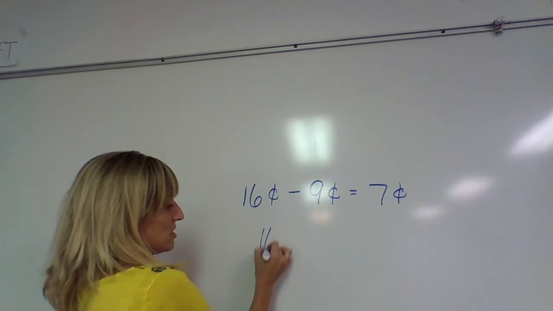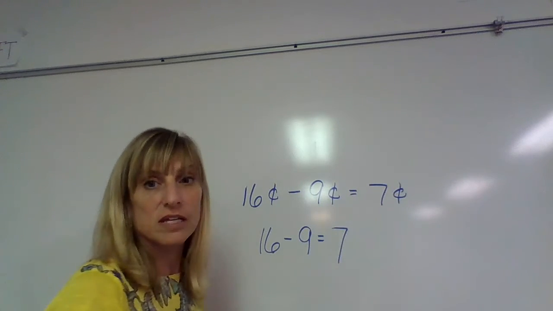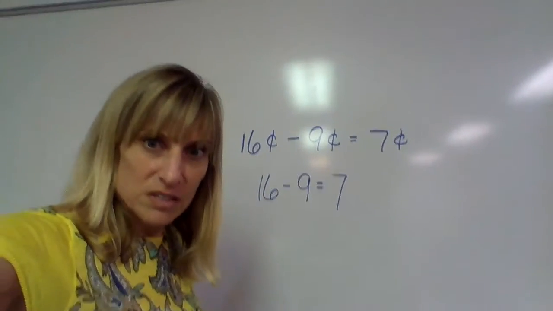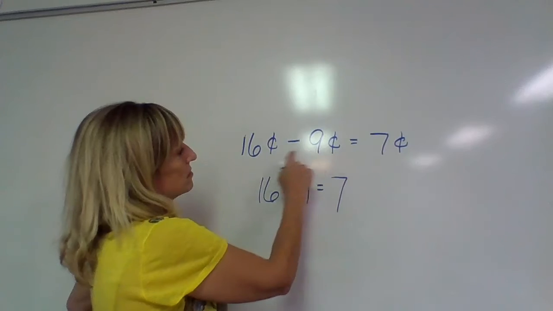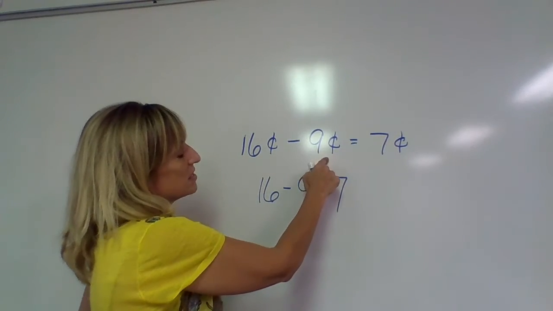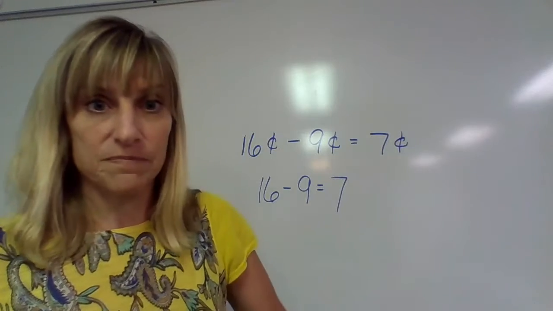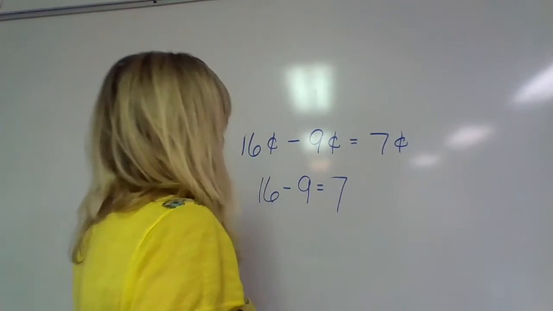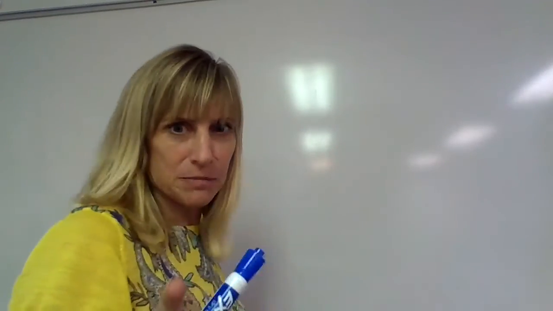Now it's just the same as 16 minus 9 equals 7. So don't let that cent sign confuse you. There's a glare. Hopefully you can see that. So 16 minus 9 equals 7. So 7 should have been the answer that you got. Okay, we're going to move on. That's enough listening for today. I'm just kidding. You still have to listen to me.